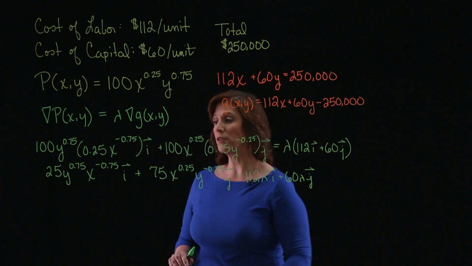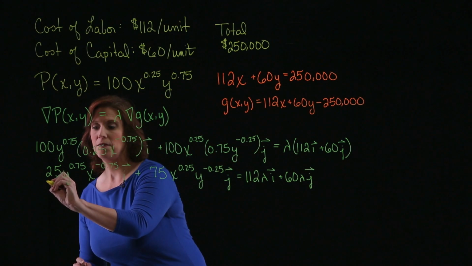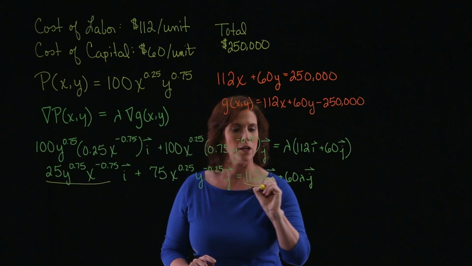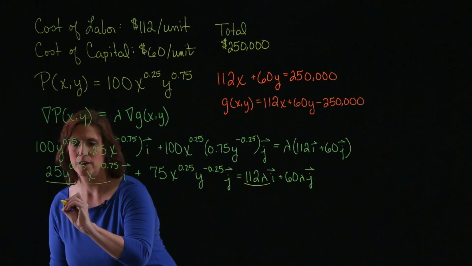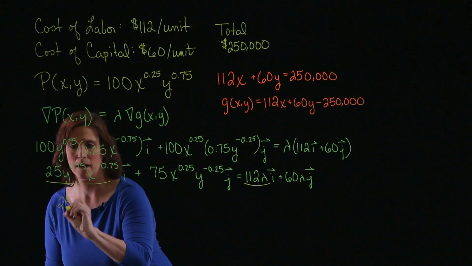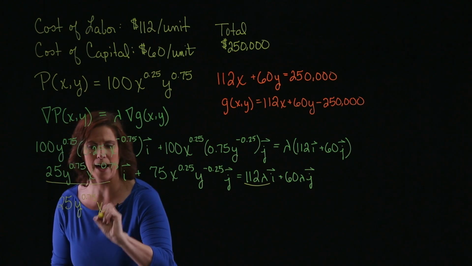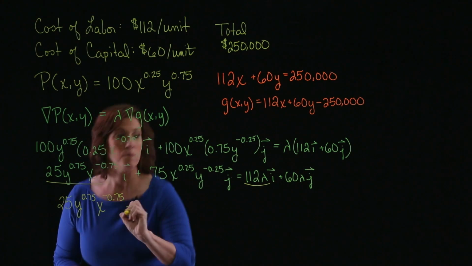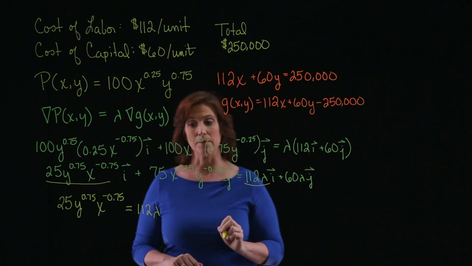Okay, so in the process of Lagrange multipliers, what I want to do is make sure that the i component on the left-hand side of this equation is equal to the i component on the right-hand side. So that means that I have 25 y to the 0.75, x to the negative 0.75, being equal to 112 lambda.